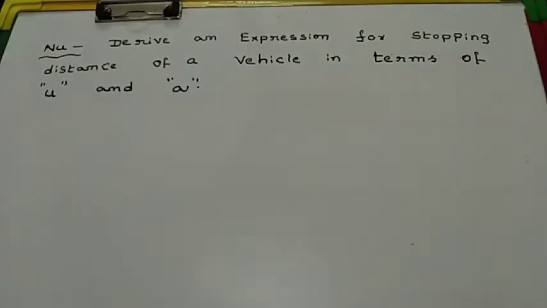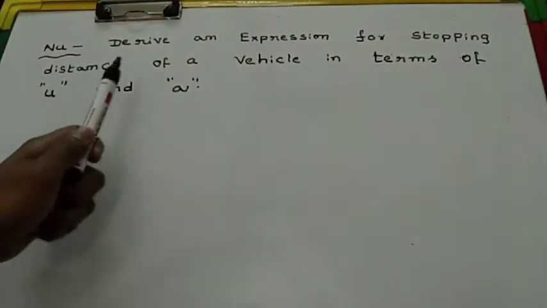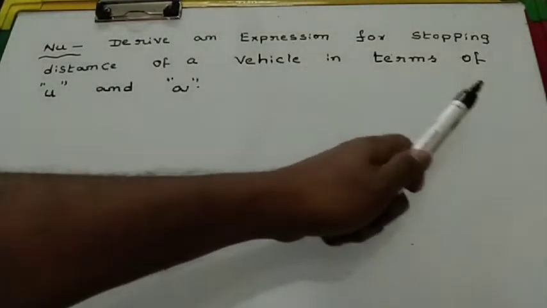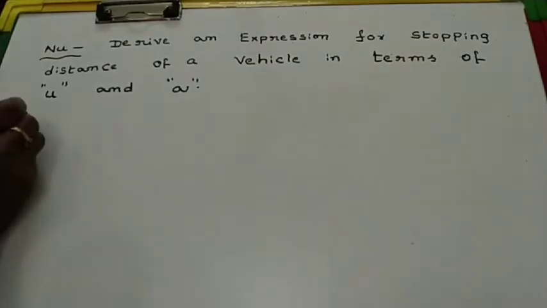Once again, I am repeating the question. Derive an expression for stopping distance of a vehicle in terms of u and a. Now, go for the solution.